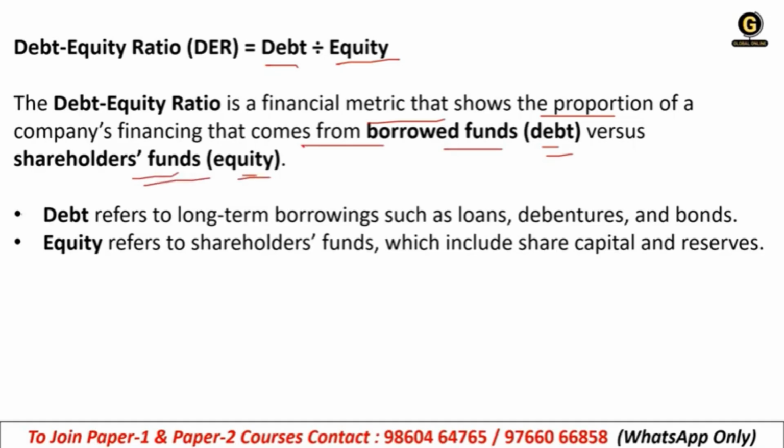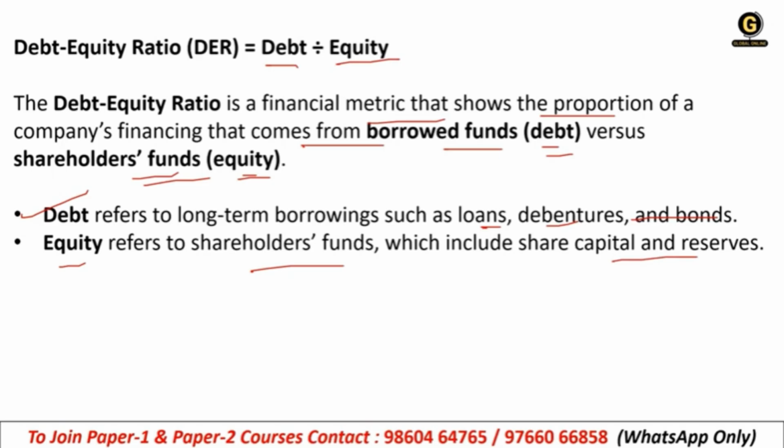Clear? So what is debt? Debt means long-term borrowing such as loans, debentures or bonds, and equity means the shareholders fund. We issued the shares, we have the fund from the shareholders. That is your equity, which includes share capital and reserves also.